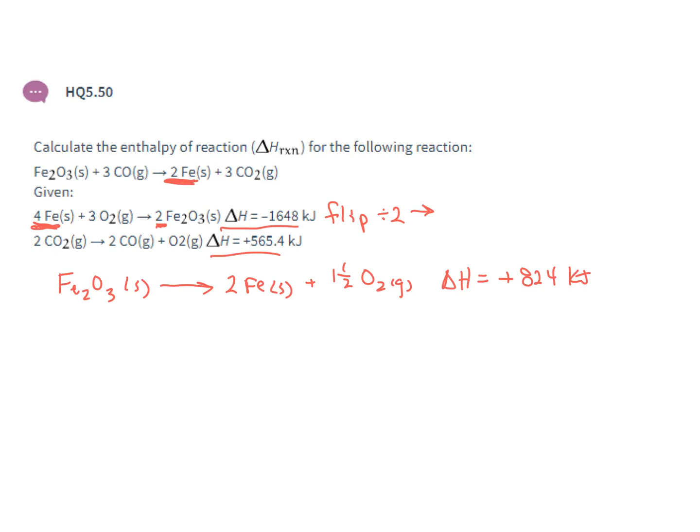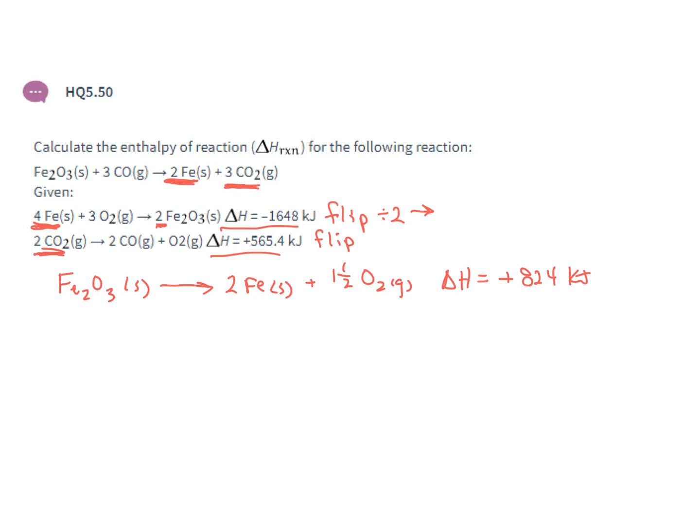Let's see. I have carbon dioxide as a product, and in this reaction I have carbon dioxide as a starting material. So again, I need to flip this second reaction. When I take an assessment of what I have and what I'm looking for, I have a reaction that contains 2 carbon dioxide. I'm looking for a reaction that contains 3 carbon dioxide.